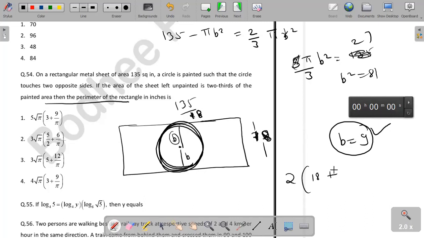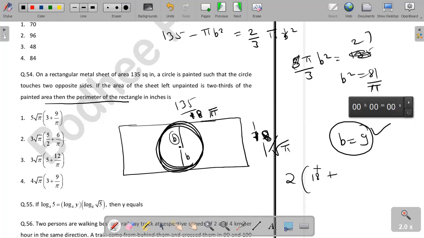Perimeter of the rectangle. Okay, so from here we get b square by pi, right? So that would be b is equal to 9 by root pi. So that would be 18 by root pi, and again here root pi.